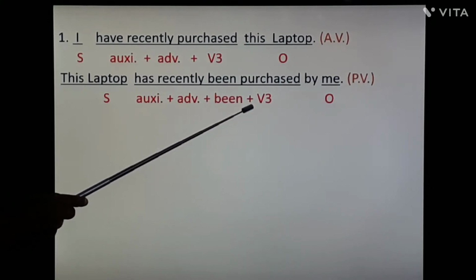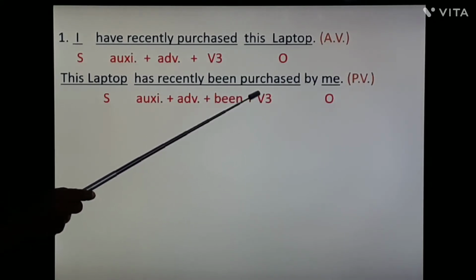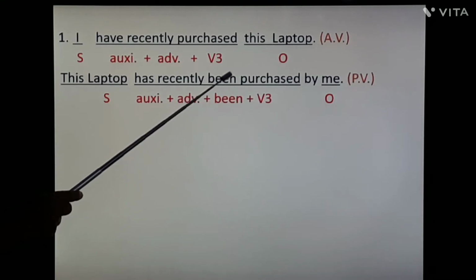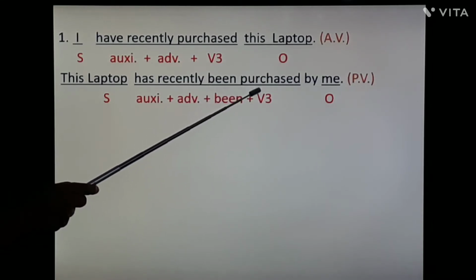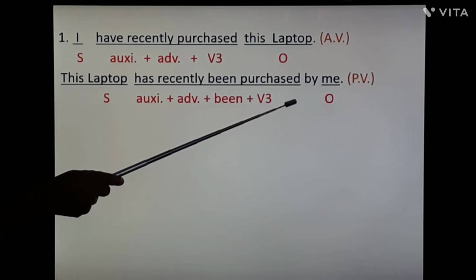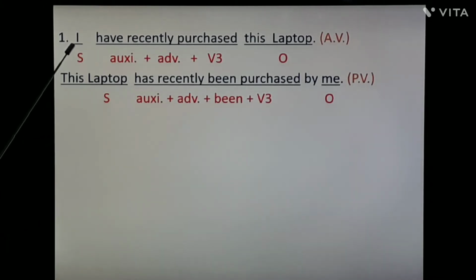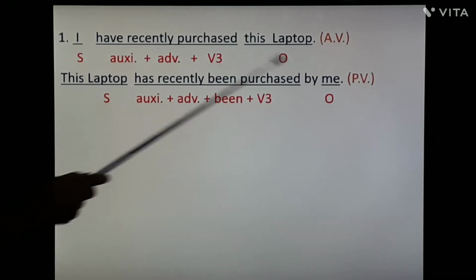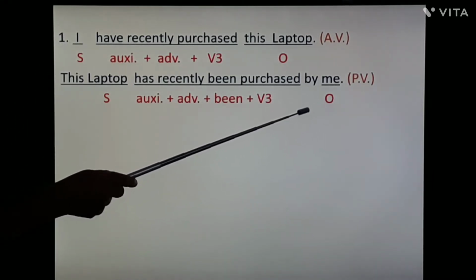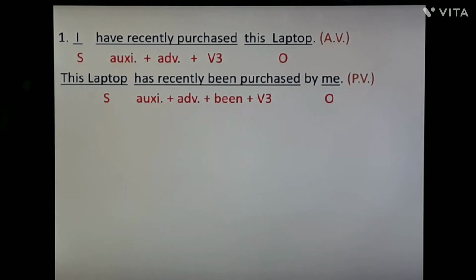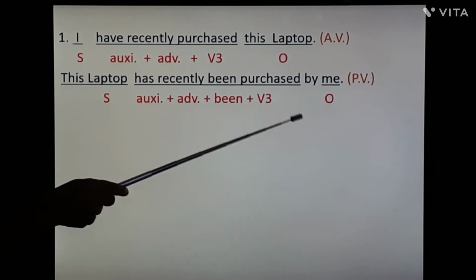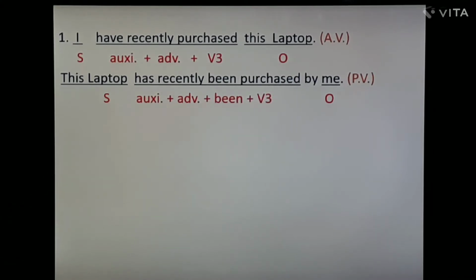After that you have to put V3 form of the main verb, that is purchased. So here V3 form purchased, then put by, and then I, that is a subject in active voice, becomes me in passive voice, that is an object. So sentence is, this laptop has recently been purchased by me. This is passive voice.